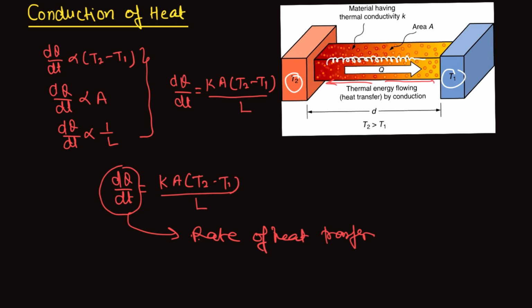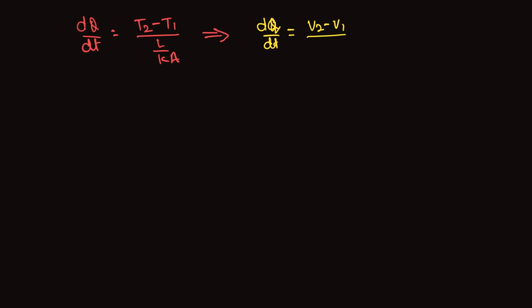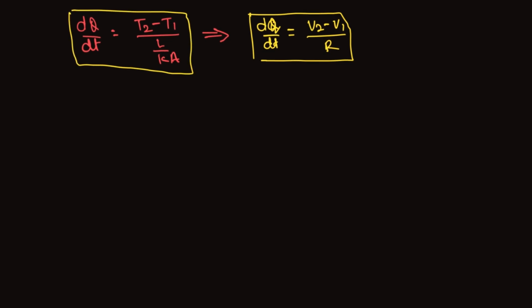Now, if I rearrange this equation a little bit, we can also write dQ/dt equal to (T2 minus T1) divided by L/(kA). And similarly, if I compare this with the equation I = (V2 minus V1)/R, this one is the equation of electricity, and this is the equation of thermal conduction.